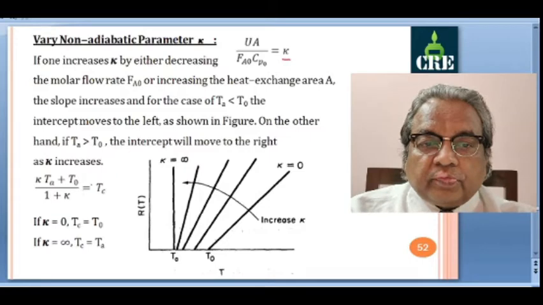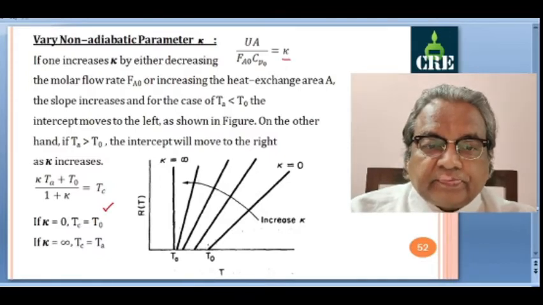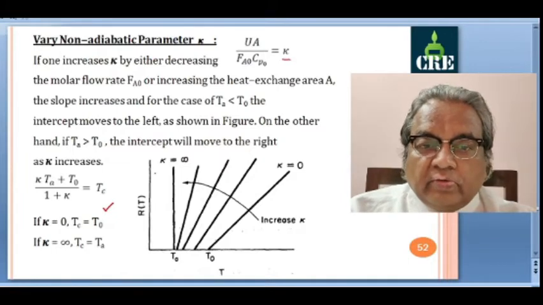Now you know Tc is equal to kappa into Ta plus T0 over 1 plus kappa. At kappa equal to 0, Tc is equal to T0; from here it starts. When you reach Tc equal to Ta, kappa is infinity.